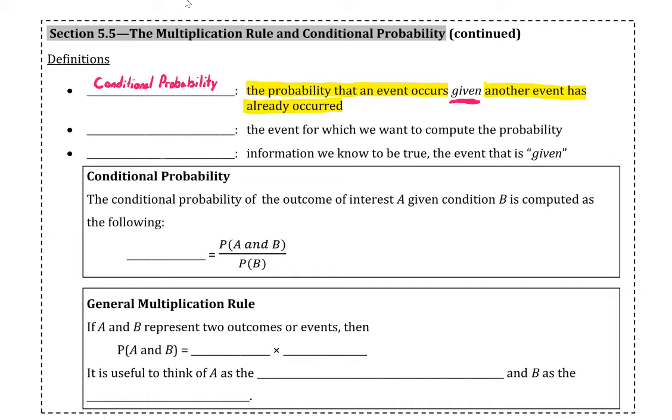There are also two different events that are part of our conditional probability. The first is the outcome of interest. This is the event for which we want to compute the probability of. It is also the event that is given in the first part of our conditional probability.